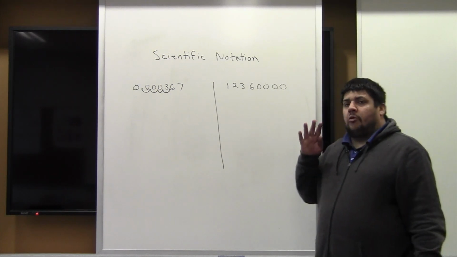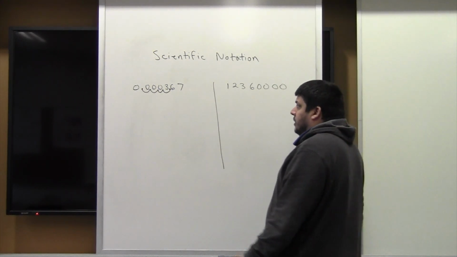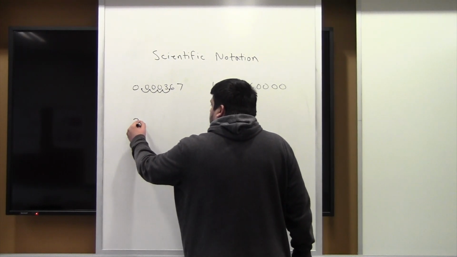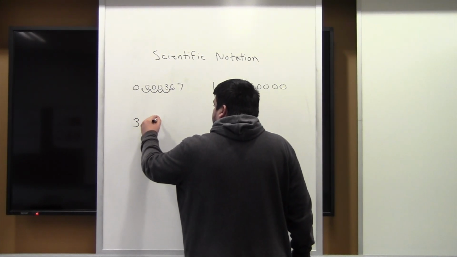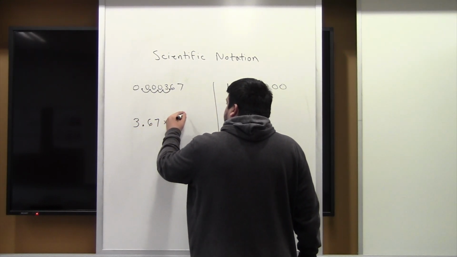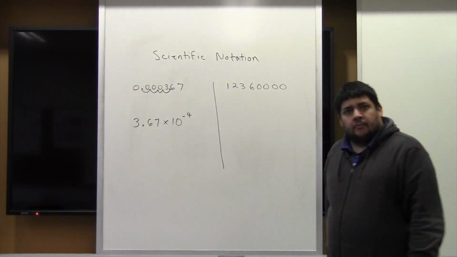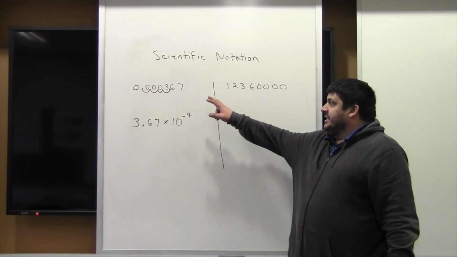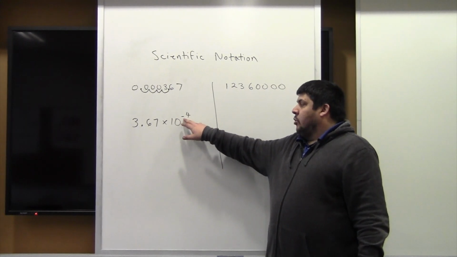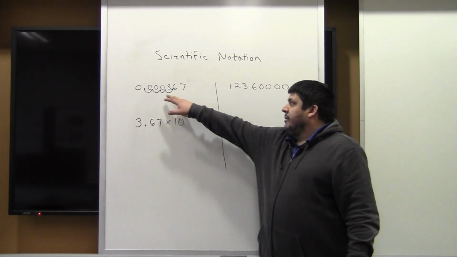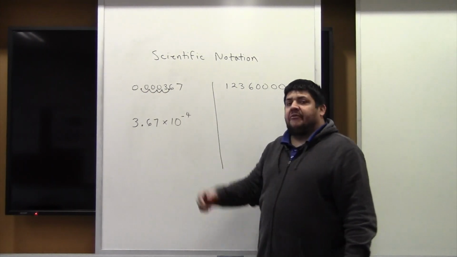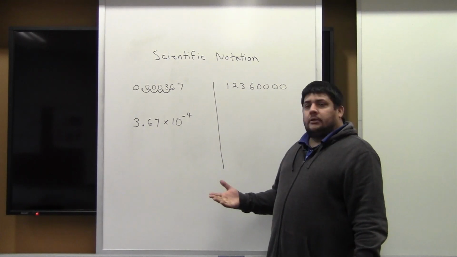So I moved the decimal 4 times. I can then write this as 3.67 times 10 to the negative 4. So when it's a decimal, your exponent is going to be negative, and it's just the number of times that it took to move to that first non-zero number.